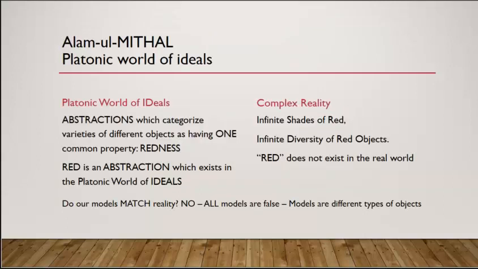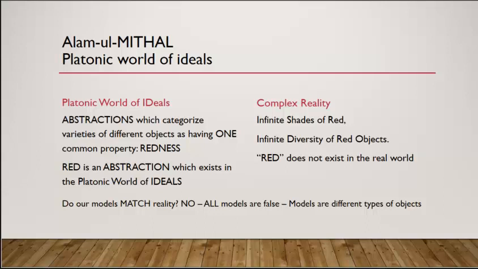The original and classical understanding of models, which is actually the correct understanding which exists in our tradition, but which has been rejected by modern methodologies, is that there is something which is called the Platonic world of ideals. In Arabic, it's called alam al-mithal. So there is this mental reality. We can imagine things which are not there in the real world.